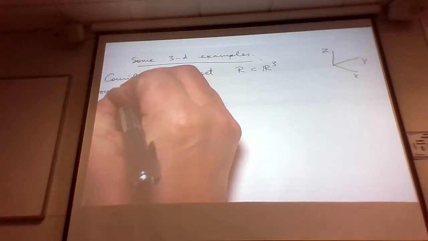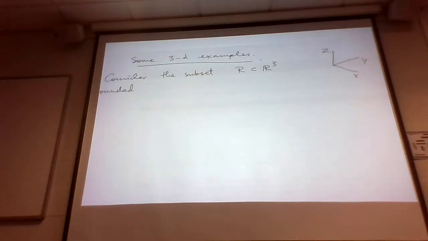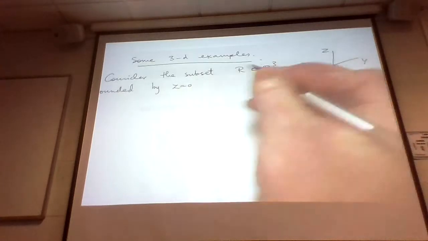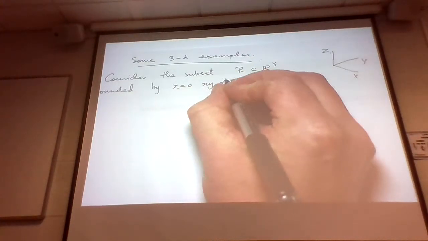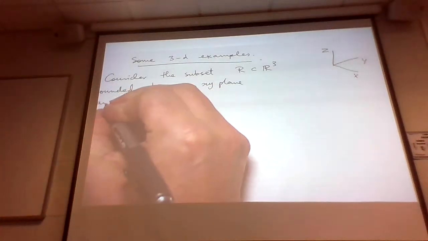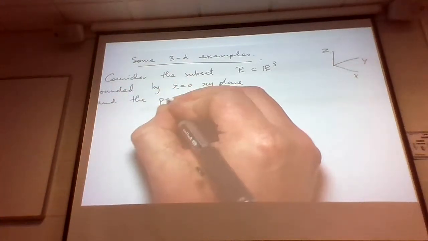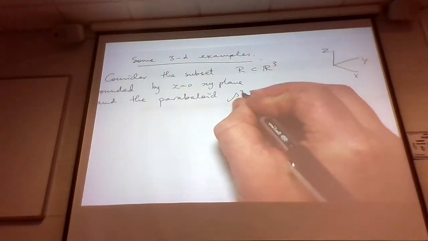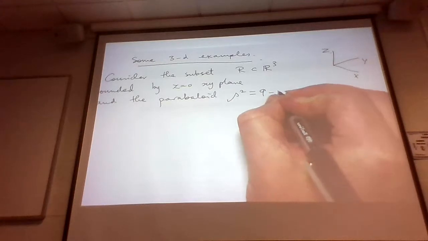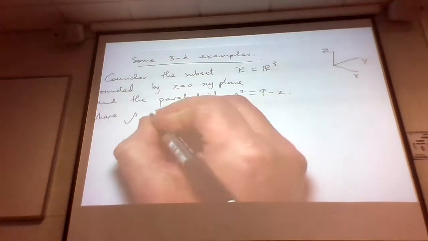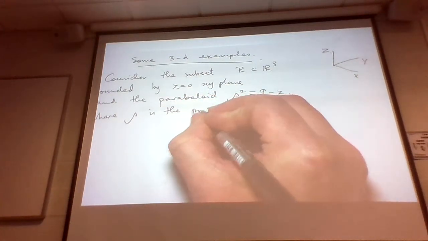And this region, or this sub-volume, or sub-region of R3 is bounded by z equals 0, the xy plane. So it's bounded below by the xy plane at level z equals 0. And the paraboloid defined by rho squared equals 9 minus z, where rho is the projected radius of a point.